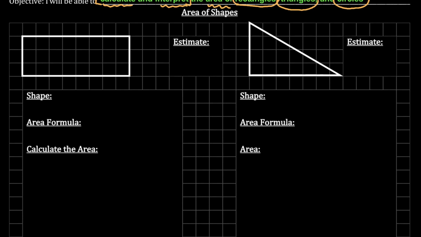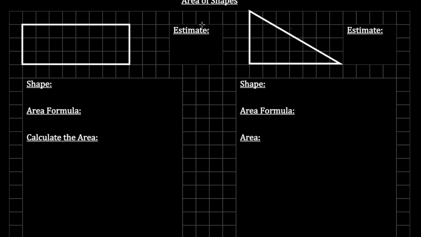So I'll give you an example. In this rectangle right here, the area: 1, 2, 3, 4, 5, 6, 7, 8, 9, 10, 11, 12, 13, 14, 15, 16, 17, 18, 19, 20, 21, 22, 23, 24. There are 24 squares.